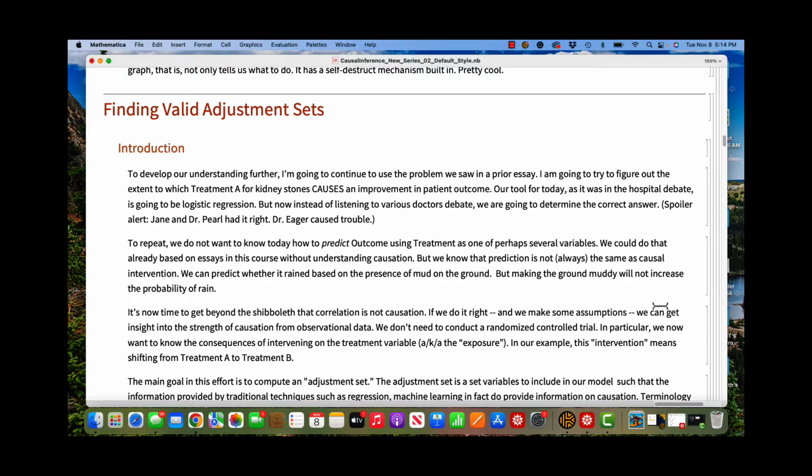I'm going to speak about adjustment sets for the moment in terms of linear or logistic regression. You don't need those statistical techniques to have adjustment sets, but I think it's easier to understand that way.